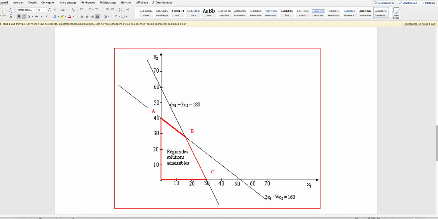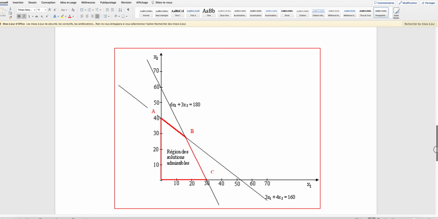If x2 is equal to 0, we obtain 3x1 equal to 160 hours. So x1 is equal to 160 divided by 3, and we obtain approximately 53 there. We obtain a second point. We draw the first line for workshop A1.